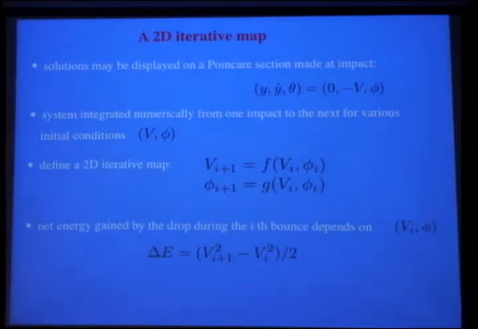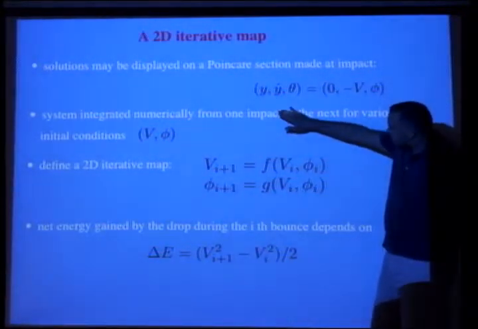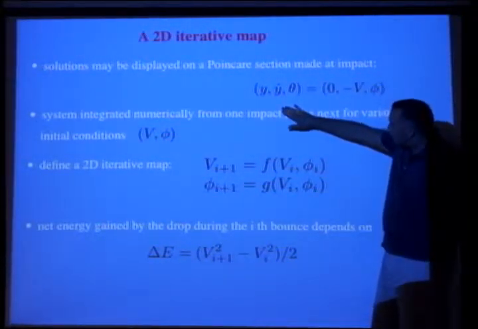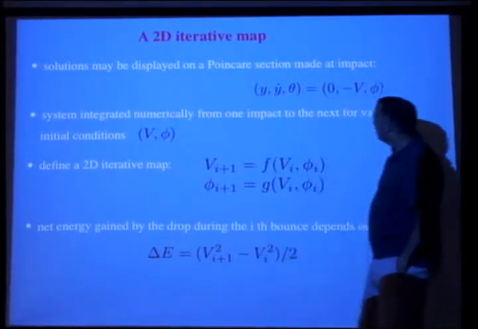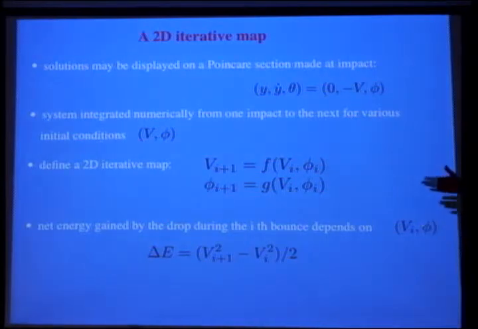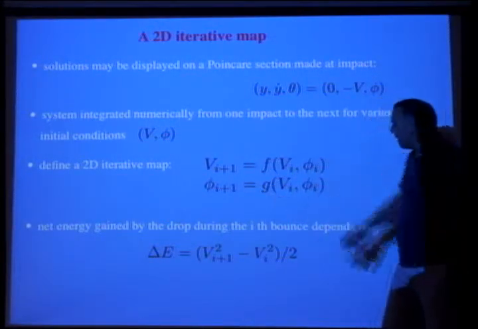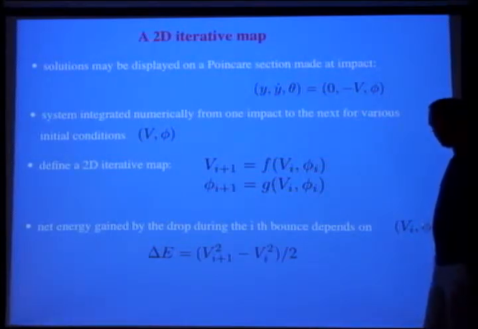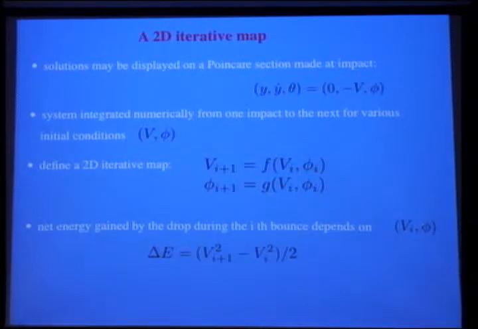We can describe the system in terms of a 2D iterative map. We can use a Poincare section, and we're interested in the speed of impact and the phase of impact. We can solve numerically, integrating our equations of motion to get this map. From this map we can calculate how much energy is being gained during impact, which depends on the speed and phase of impact.